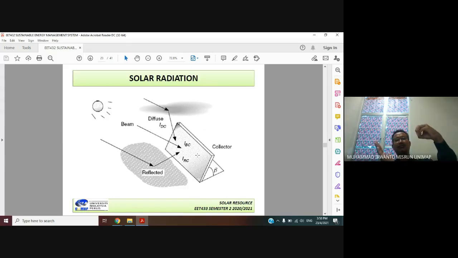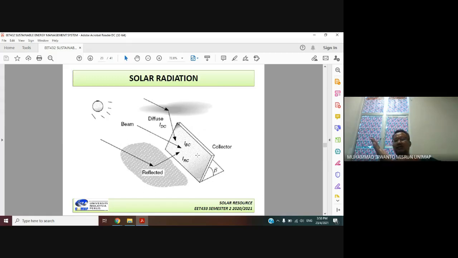Solar radiation comes from the sun directly to the photovoltaic. This one we call the beam. Here we have cloud and then it reflects here. This one can be called the diffuse.